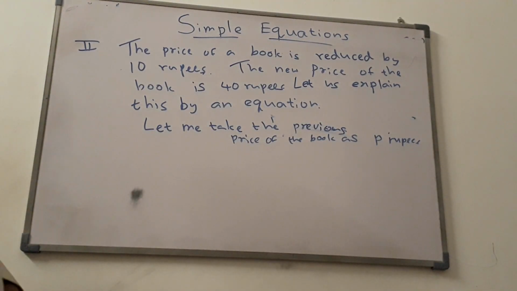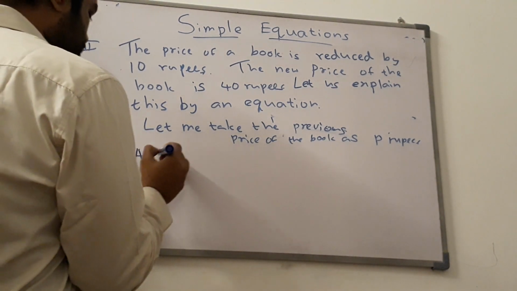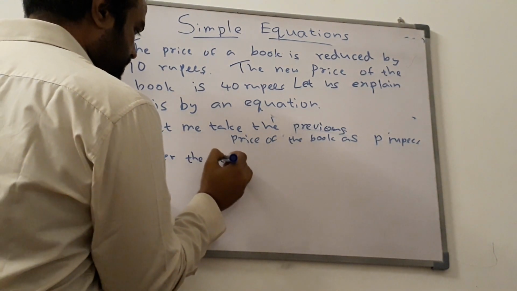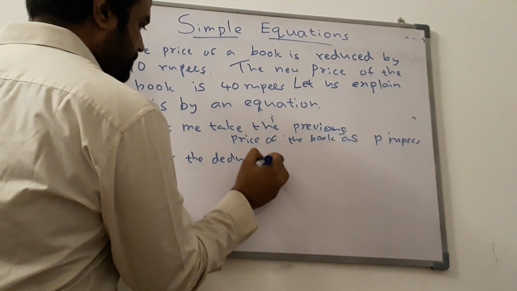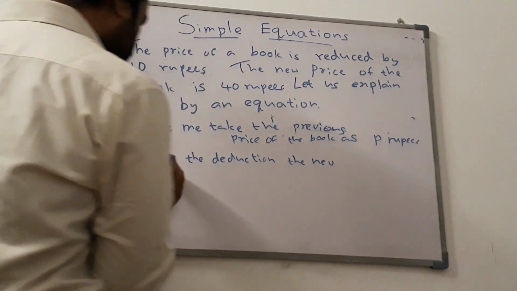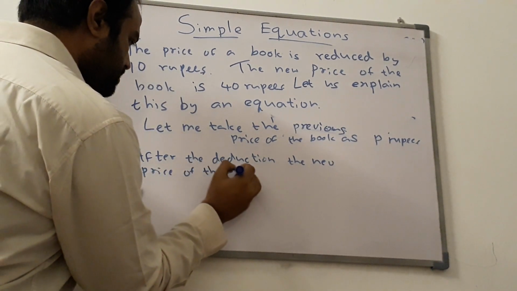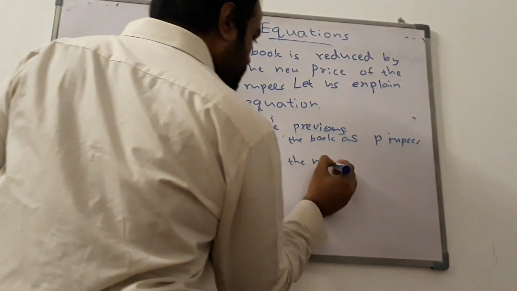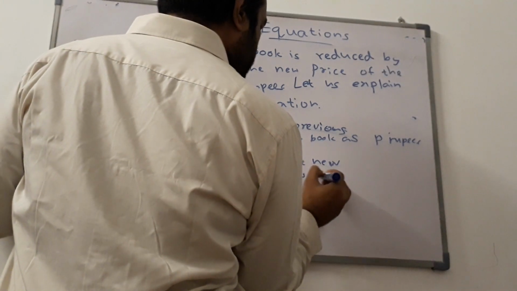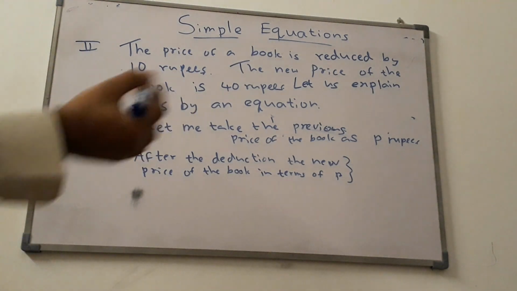After the deduction, the new price of the book in terms of P equals 10 rupees less.